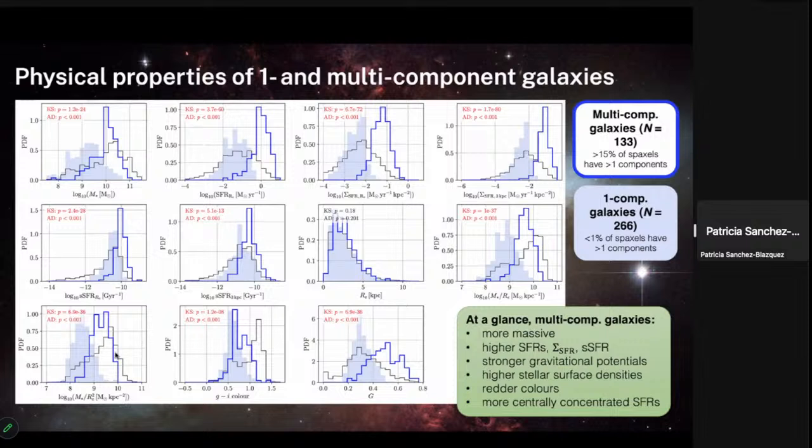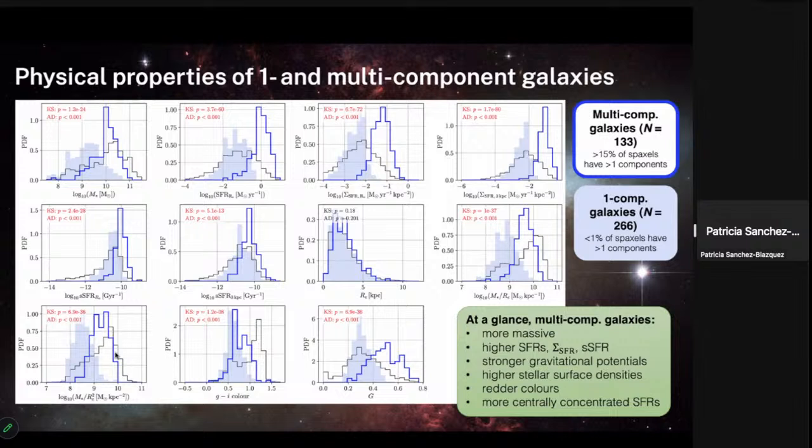Okay, that's the first question. The second one is, have you looked at locally what is the stellar surface mass versus the presence of multi-components? Not just the global, because you would expect something local. In theory, the lower stellar surface densities will allow more winds, no?